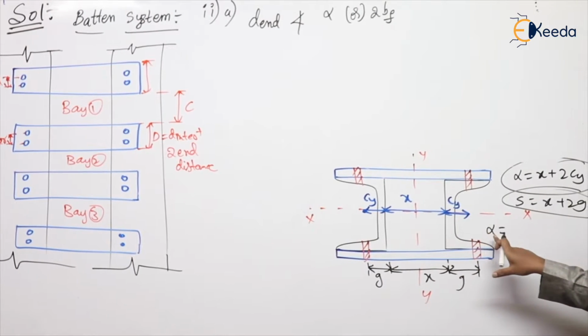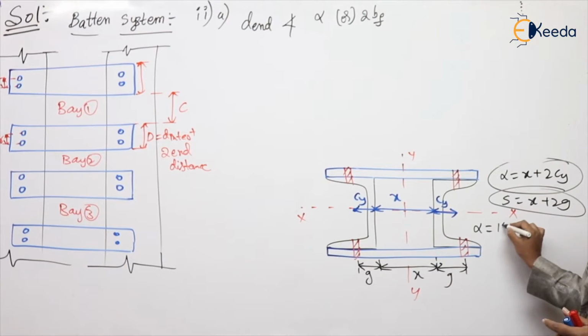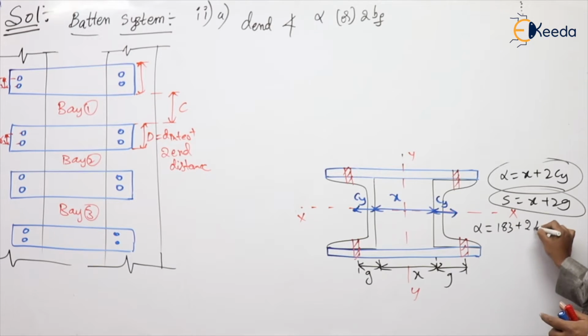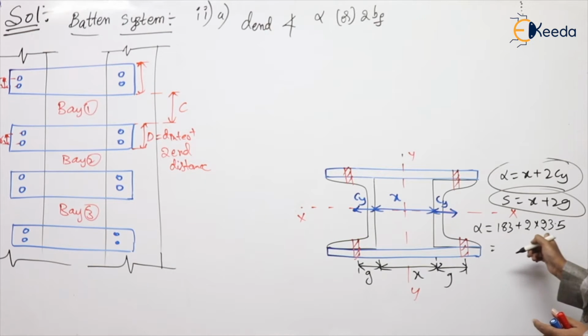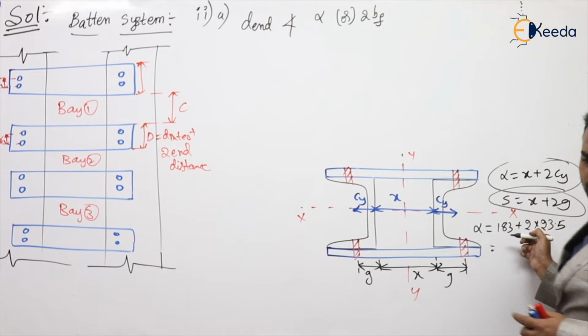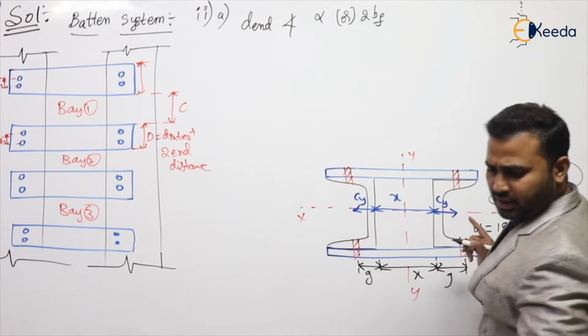X is 183, so 183 plus 2 into 23.25. Cy was also given. Upon simplifying, we get the alpha value as 230.